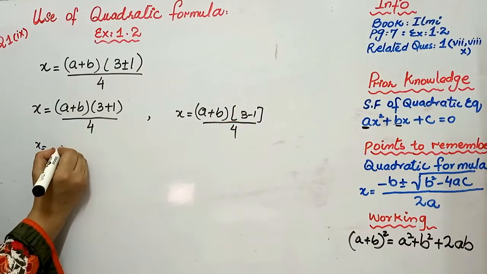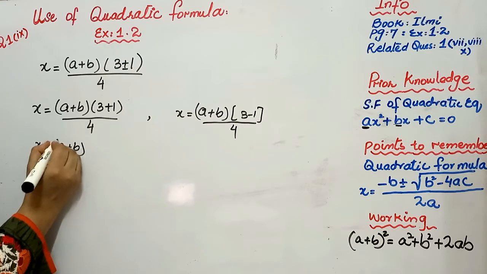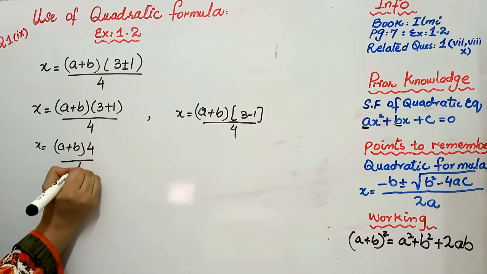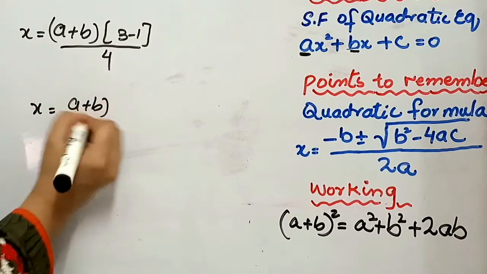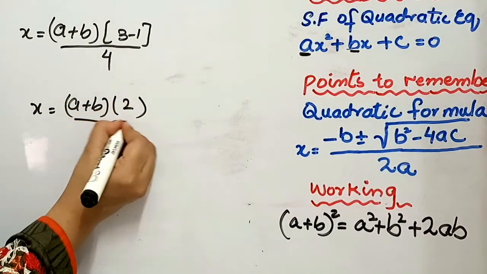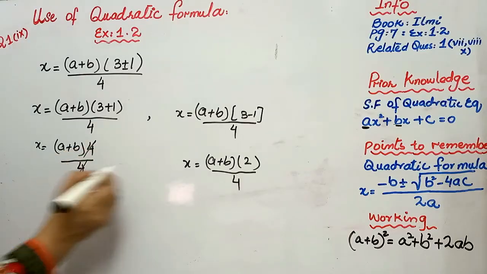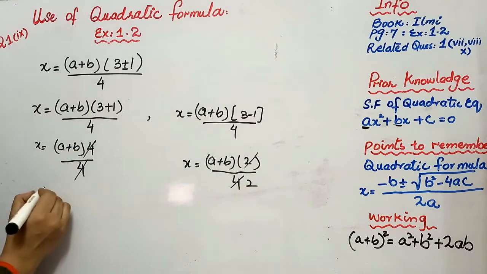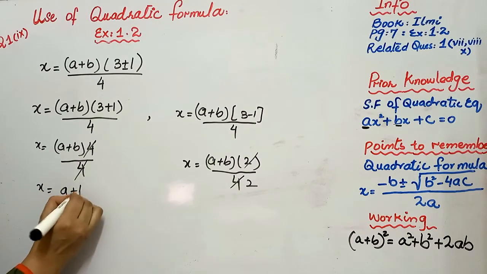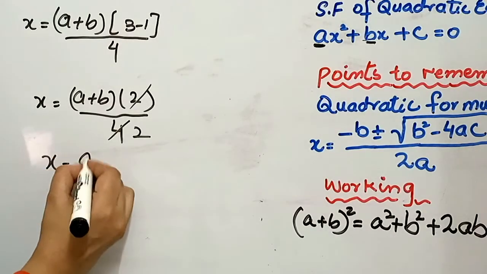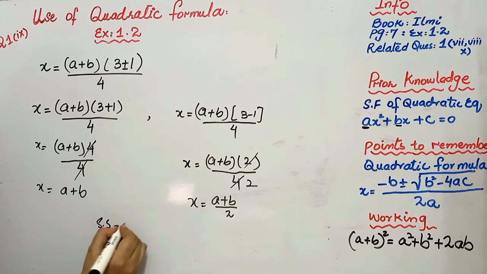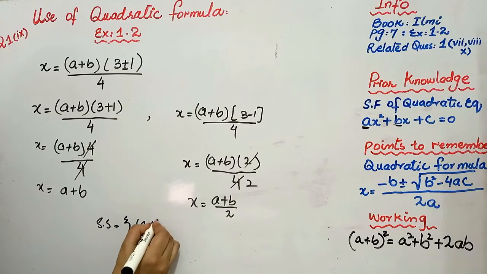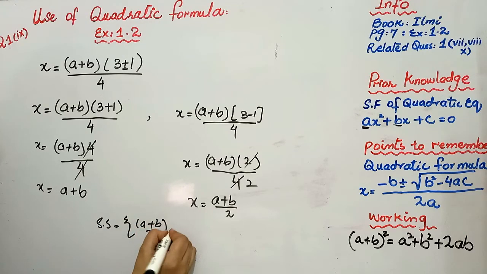X is equal to a plus b into 4 by 4, and x is equal to a plus b is common, that 2 by 4. 4 is cancelled with 4, 2 1s are 2, 2 2s are 4. So it will be x is equal to a plus b, and here x is equal to a plus b by 2. Hence the solution set will be a plus b by 2 comma a plus b.